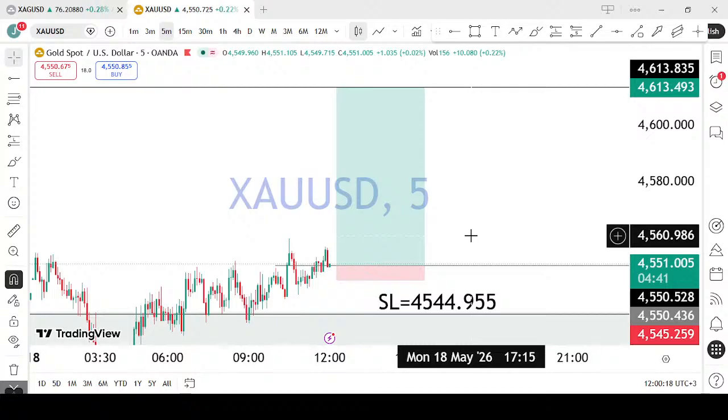Still waiting for the bullish candle to print above so we can look for an advantage to buy. Keep waiting.